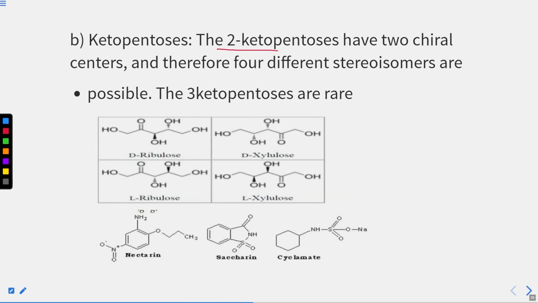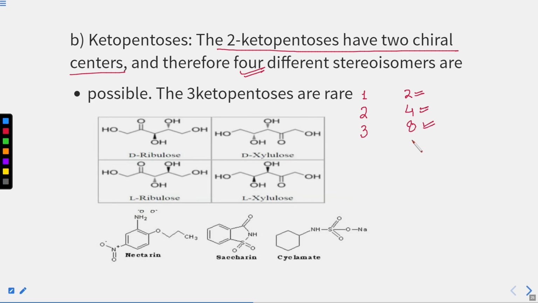Ketopentoses have 2 chiral centers and therefore they have 4 different isomers. So if you have one chiral atom, then 2 stereoisomers will be possible, right? And if you have 2 chiral atoms, then you will have 4 different stereoisomers. And if you have 3, then you will have 8 stereoisomers.